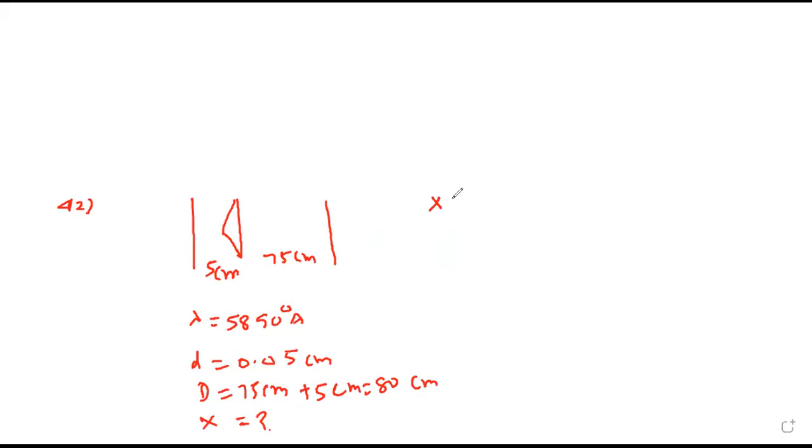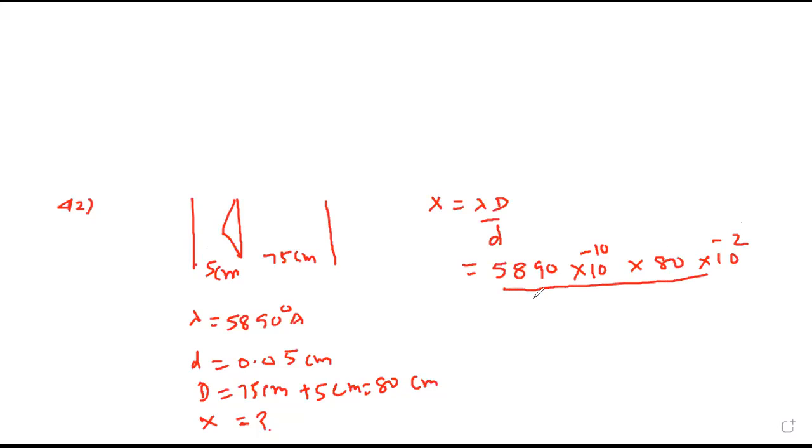So fringe width is lambda D by d, that will become 5890 into 10 raised to minus 10 into the distance between slit and eyepiece, total is 80 centimeter, convert into meter. Small d is 5 into 10 raised to minus 4. 5 into 1 is 5.